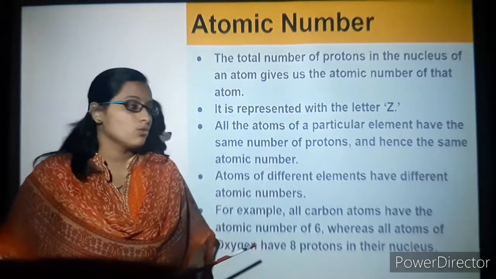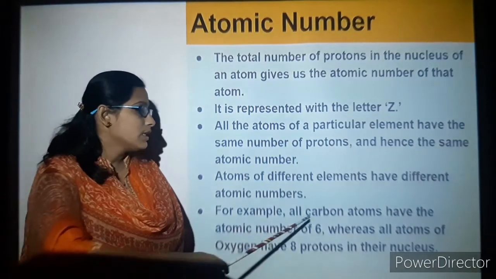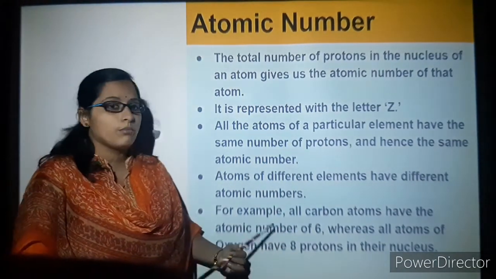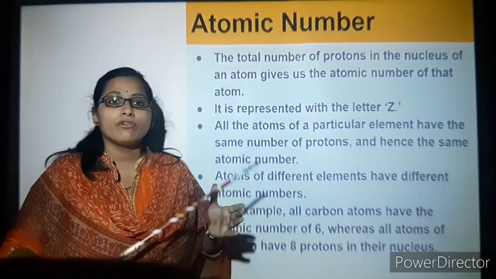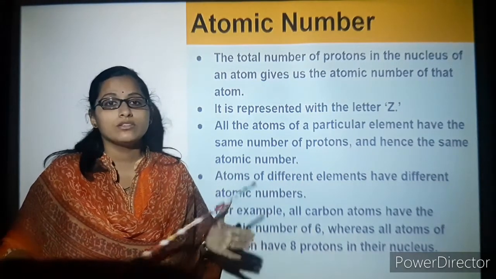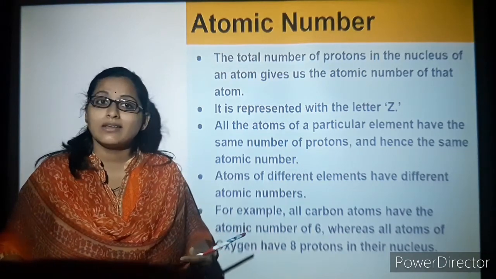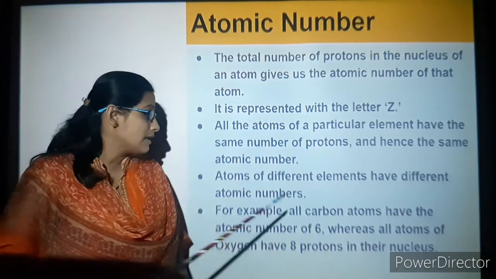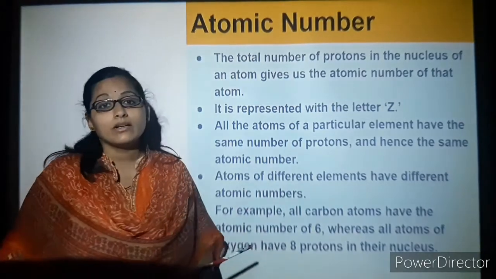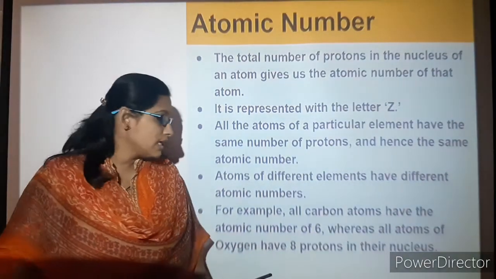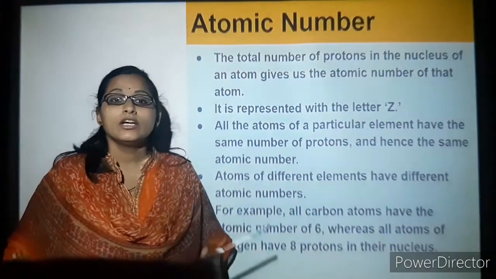Let's take an example: all carbon atoms have atomic number 6. Whether it is 1, 2, 3 or any number of carbon atoms, their atomic number remains 6. Whereas all the atoms of oxygen have 8 protons in their nucleus.